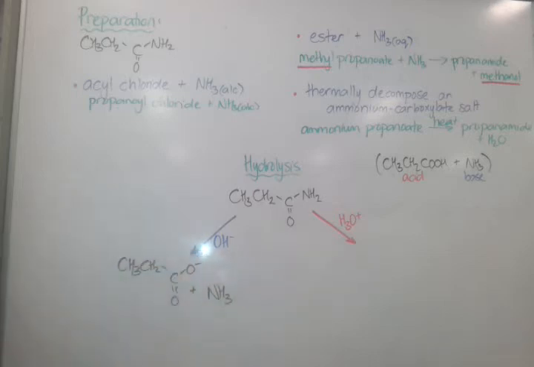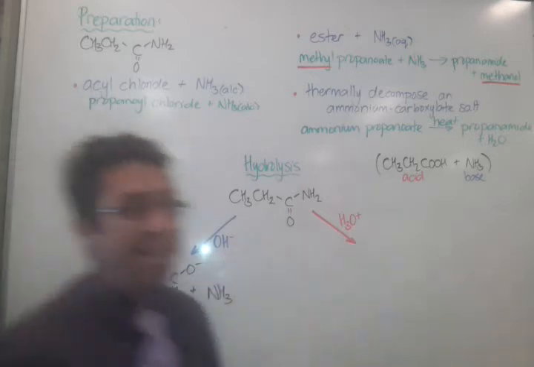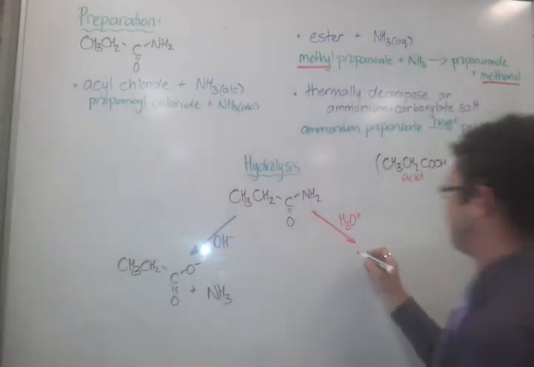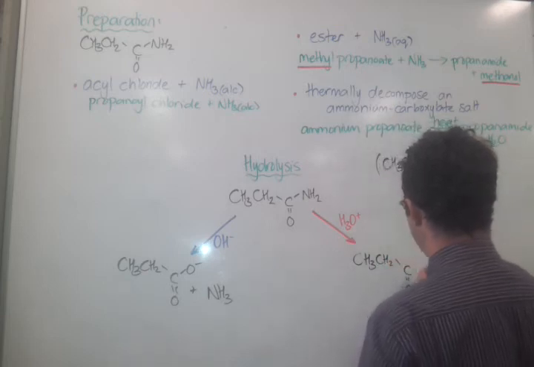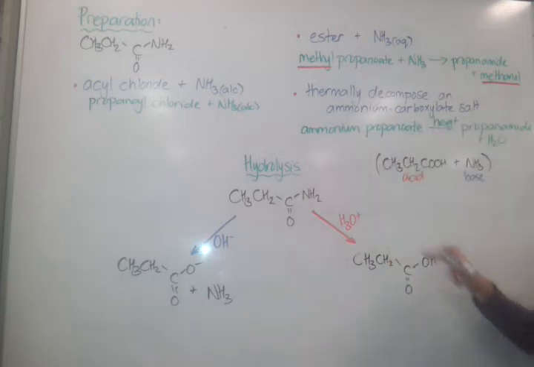Alright? Conversely, if I do it in acidic conditions, I will get the propanoic acid, because under acidic conditions, it's going to be present as the acid, not as its conjugate base. But ammonia will turn into its conjugate acid, turning into ammonium.